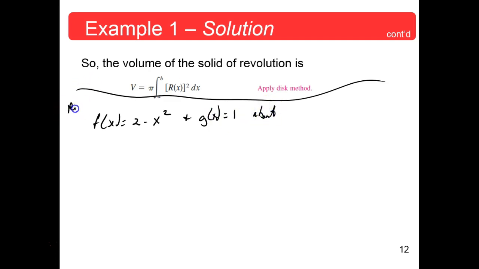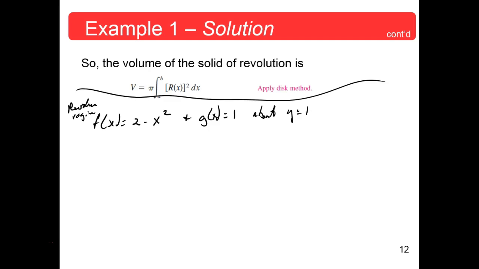So we're going to revolve this region, the area, I like to think of it, between f of x and g of x about the line y is equal to 1.